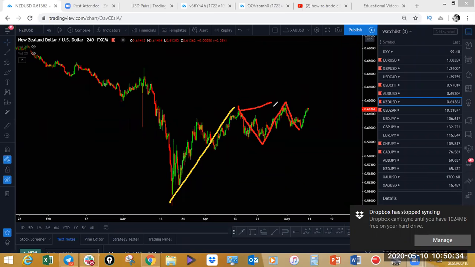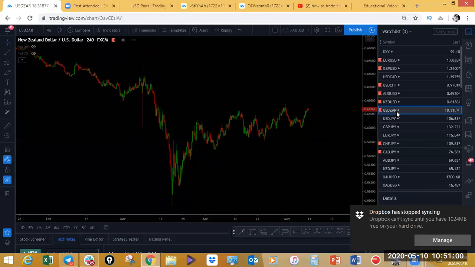This is a running flat. So we'll be looking for this to form a similar structure, same as Aussie US dollar, and that structure is a simple WXY. So continuation to the upside, pullback, then another continuation to the upside on New Zealand US dollar.